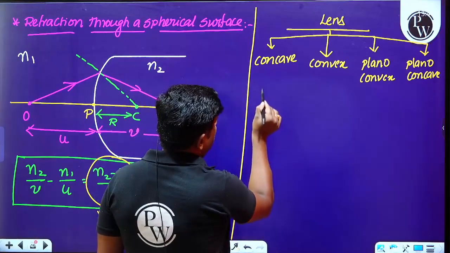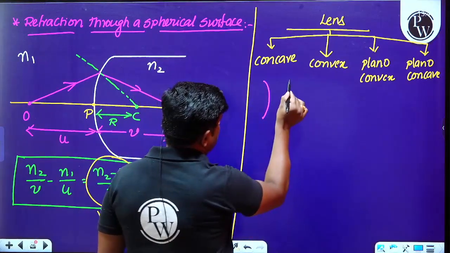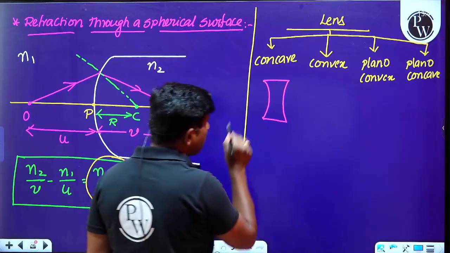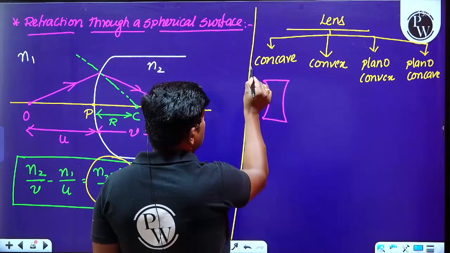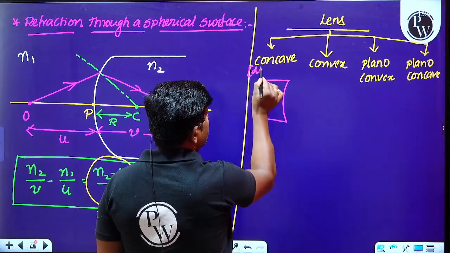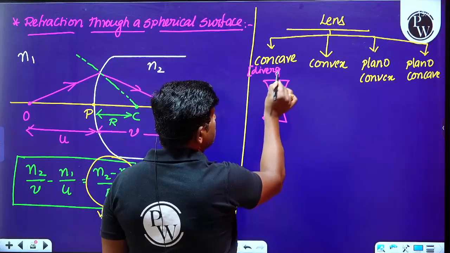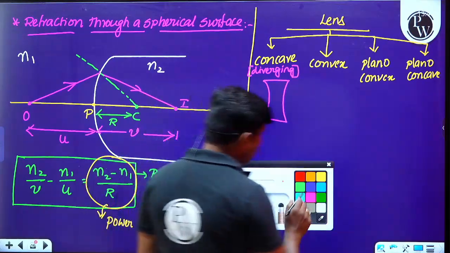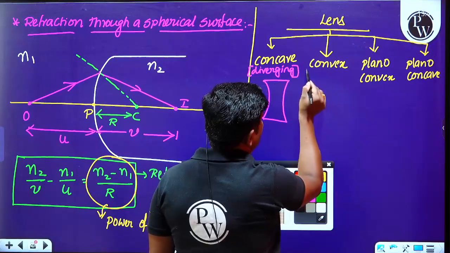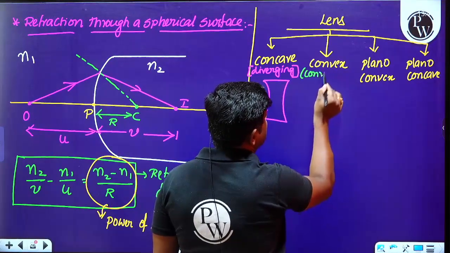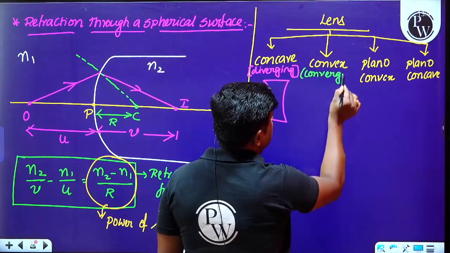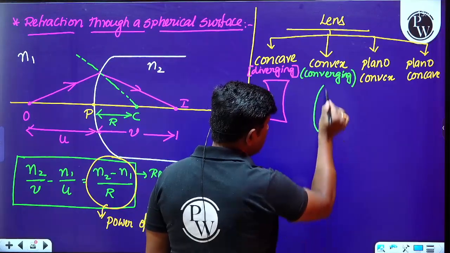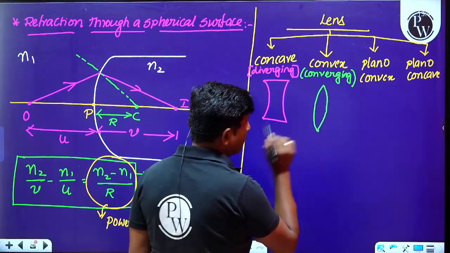Okay, so how can we draw the figure? A concave lens can be represented as shown like this. A concave lens is also referred to as a diverging lens, and a convex lens is represented as a converging lens. Please look at the board carefully. This is the concave lens.